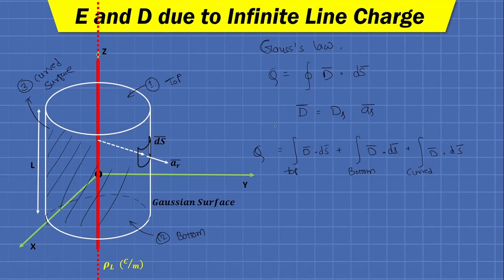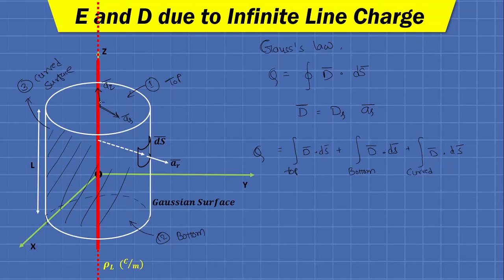Now as you can see, for the top surface the direction of D is radially outward, and the direction of the surface is az bar.